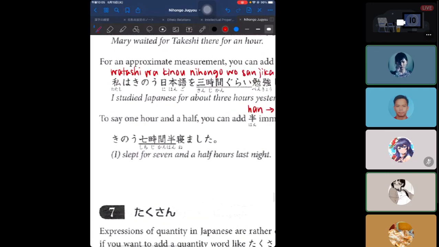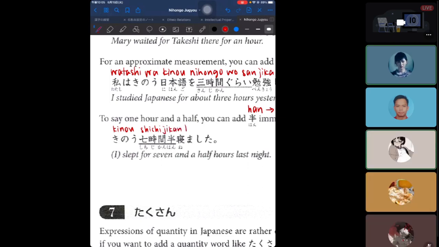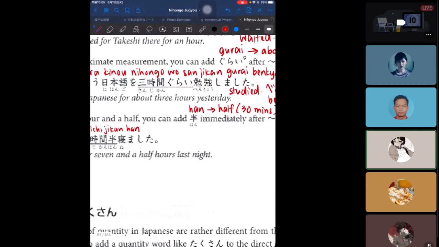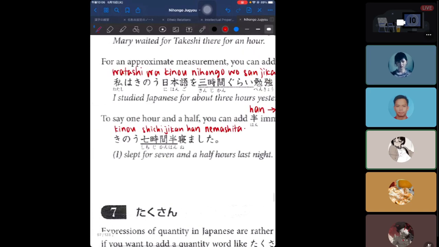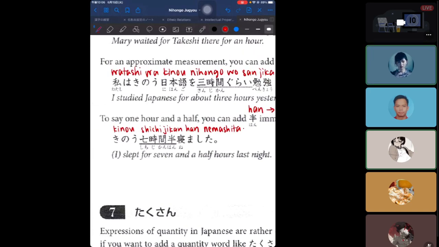So for example, this one, anyone wants to read this? Okay, I will try. どうぞ。昨日7時間半寝ました。So 7時間, 7 is 7 in Japanese, and 時間 is hours, so 7 hours.